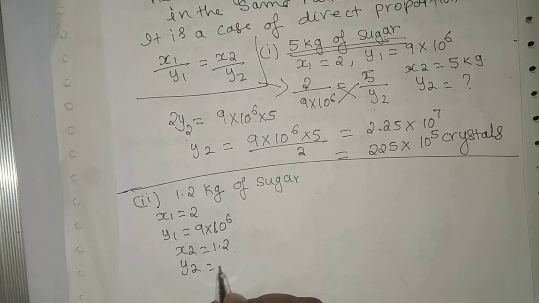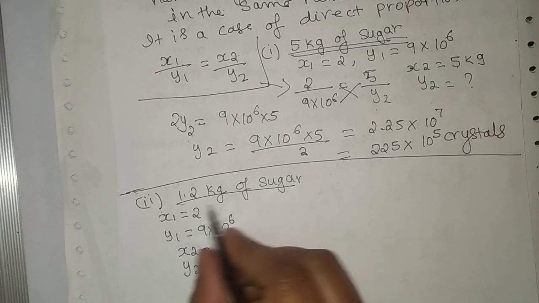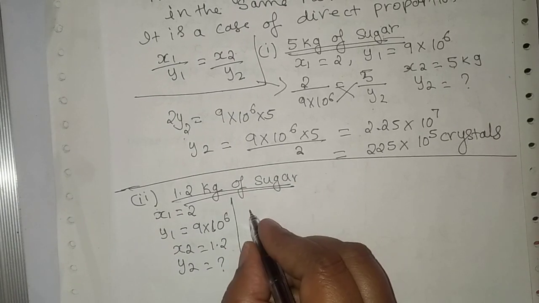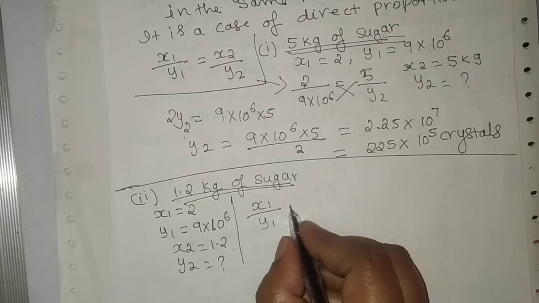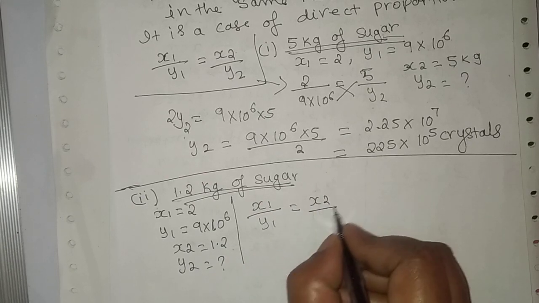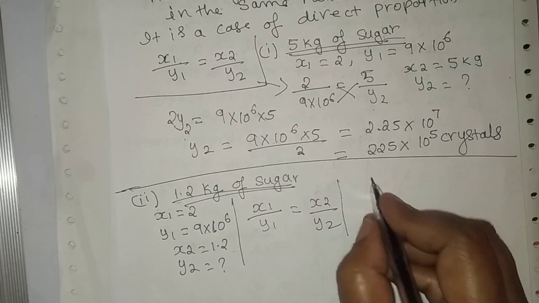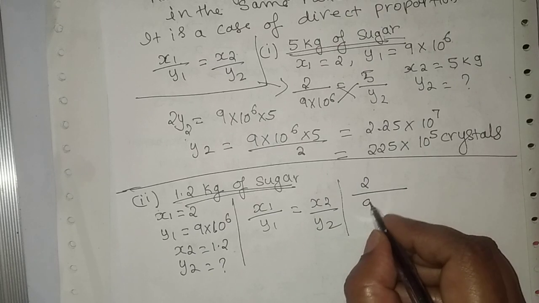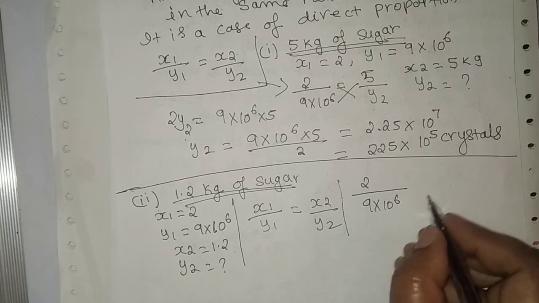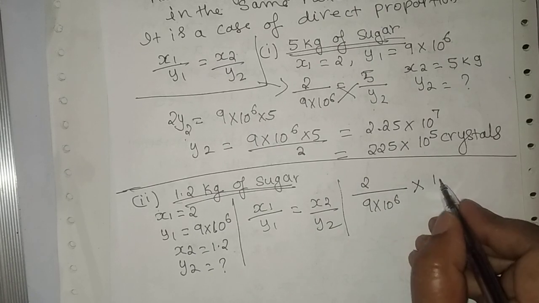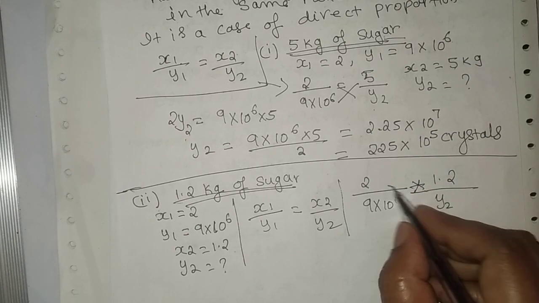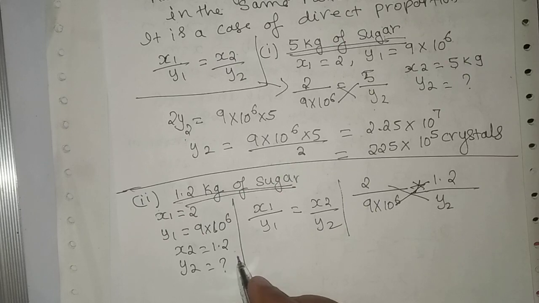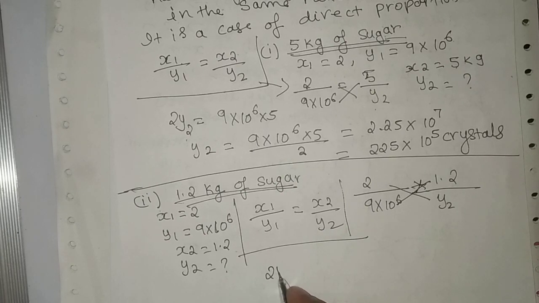Then y3 is equal to how much? Take the same formula, x1 by y1 is equal to x3 by y3. Substitute the values, that is 2 by 9 into 10 power 6 is equal to 1.2 by y3. Then cross multiply.